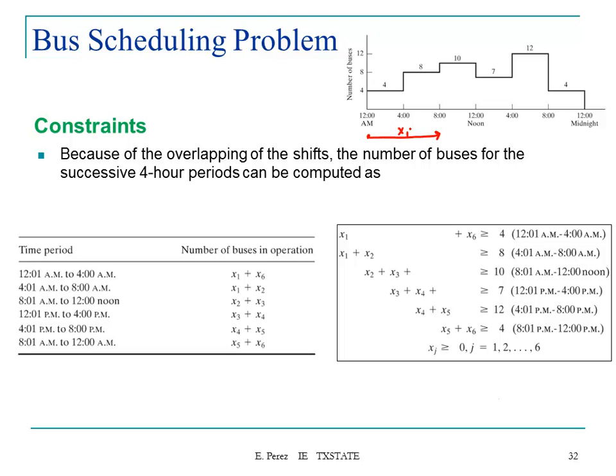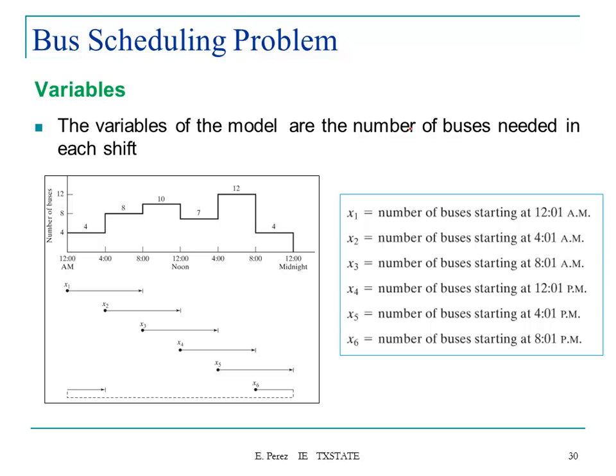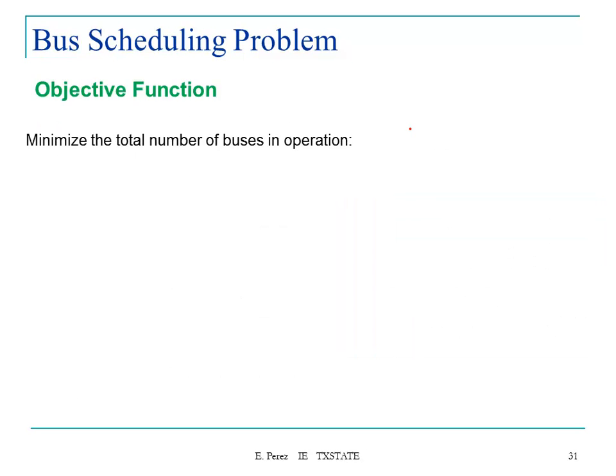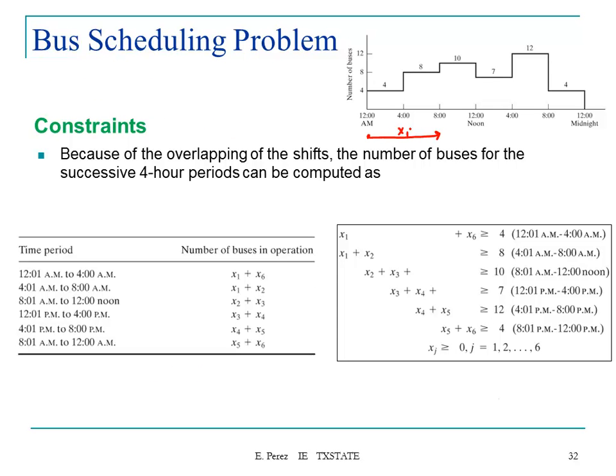There's another shift that is going to be available. Which one is it? We go back to the figure. Shift number 6, which starts at 8, continues until 4 a.m. So that shift is also available during this time period. So for that reason, we can define the number of buses in operation in this time period as x1, x6.